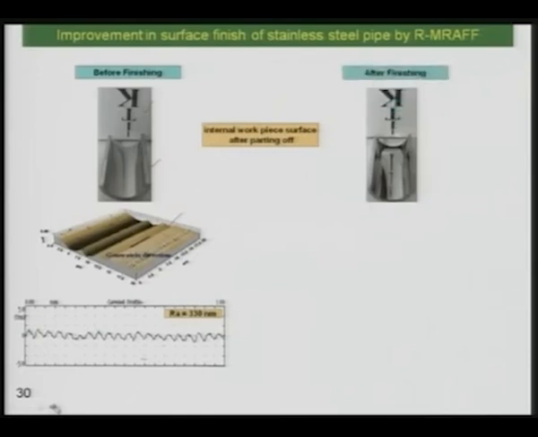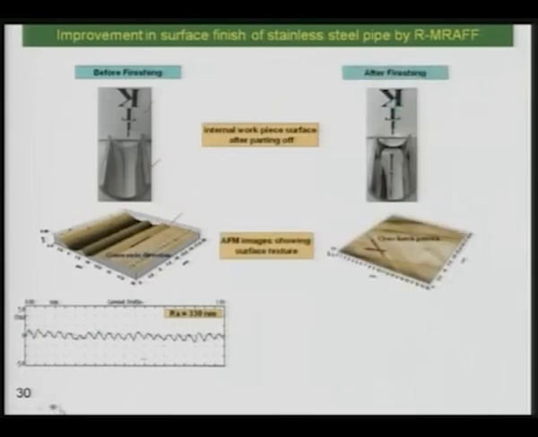When you finish this workpiece surface with the help of the RMRF process and you keep the same IIT K in the inverse way, you can clearly see the letters IIT K reflected just like a mirror on the workpiece surface, and this is the cross hatch pattern that has been obtained by the RMRF process.